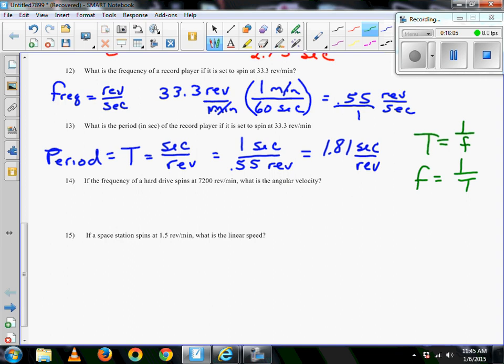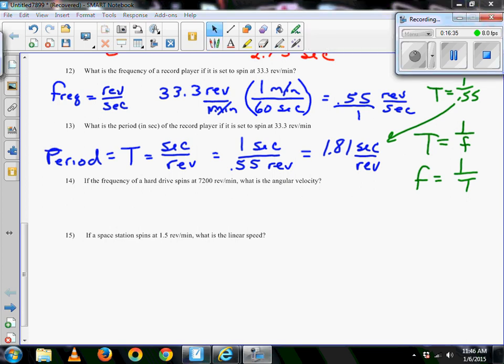If I want to find the period, T, it's the same thing as 1 divided by f. So what is 1 divided by 0.55? It's 1.81. Okay? It ends up being that answer. So that's how I like to do it, is just take that frequency equals 1 over time equals 1 over frequency. You do it either way.